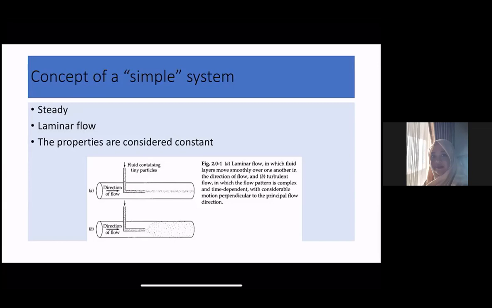If we put this here, then the ink, or the fluid containing these particles, if we track them, will just go in layers. So laminar flow is where fluid layers move smoothly over one another in the direction of flow.